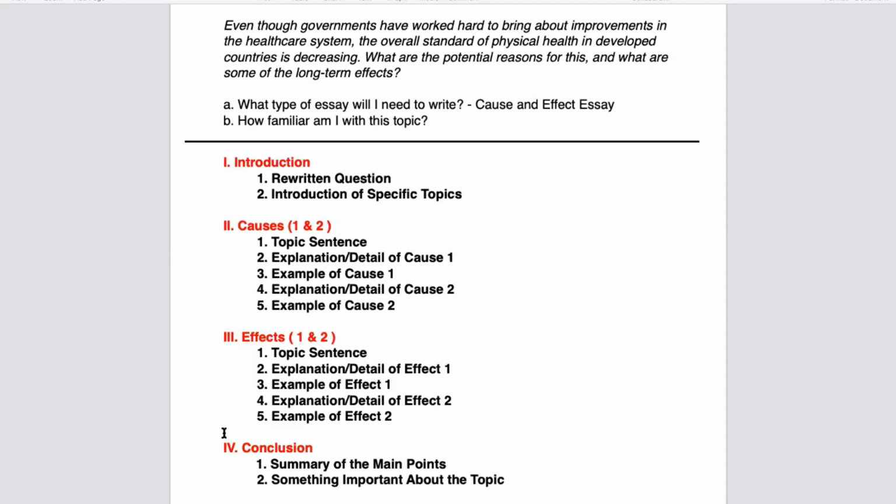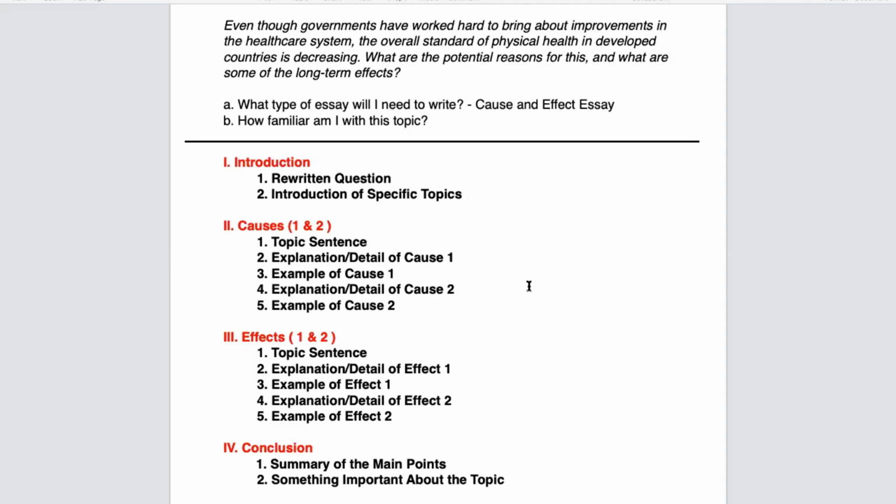So this is something that you'll have to keep in mind and remember for the cause and effect question type. This outline is excellent because it's very well organized, which will get you points in the coherence and cohesion. And the fact that it's very organized allows you to realize that you are answering the whole question, and this will help you with the task achievement.